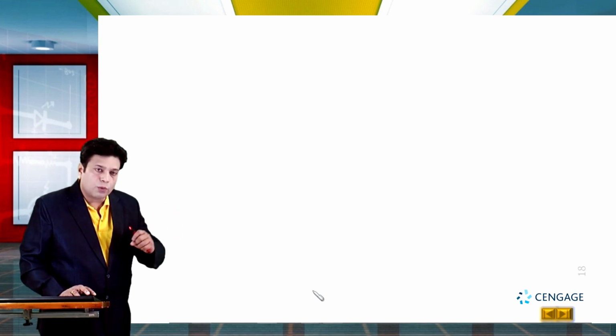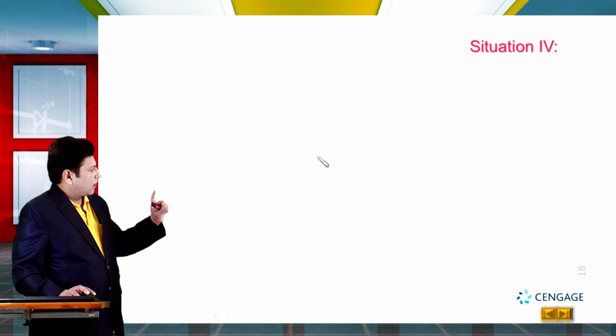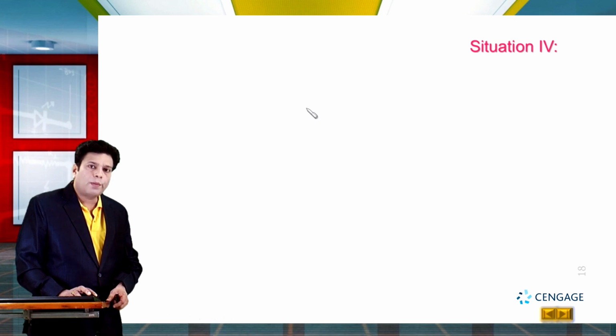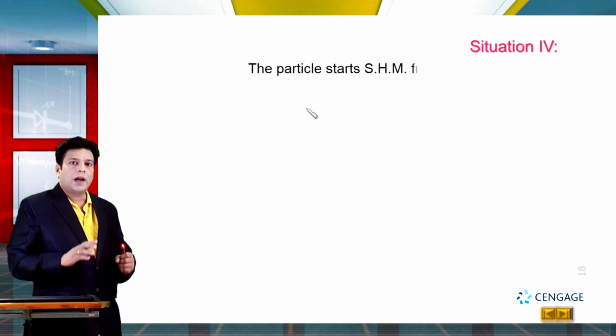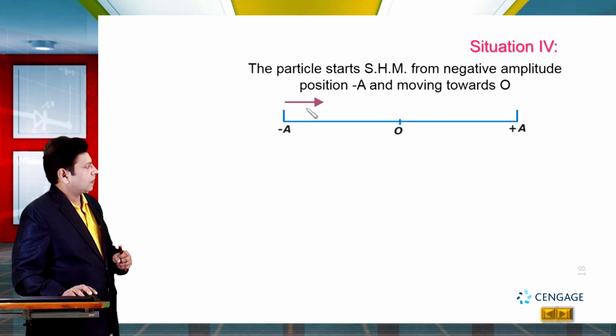Now let us take one more situation, situation number 4. In this situation, the particle starts oscillating from the negative amplitude position and moving toward the mean position, that is O, like this.